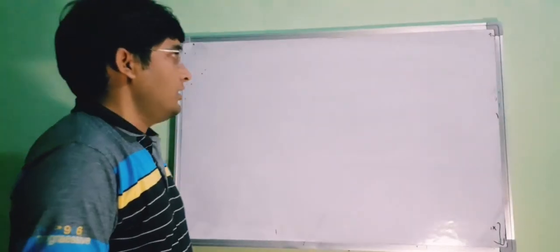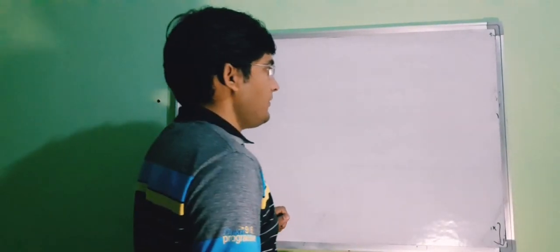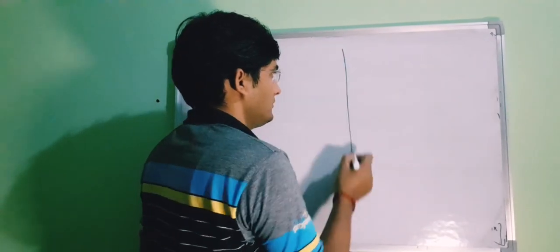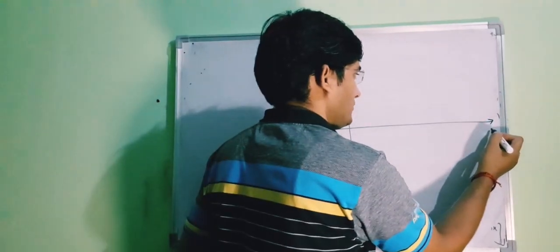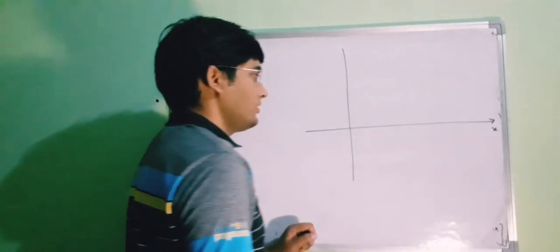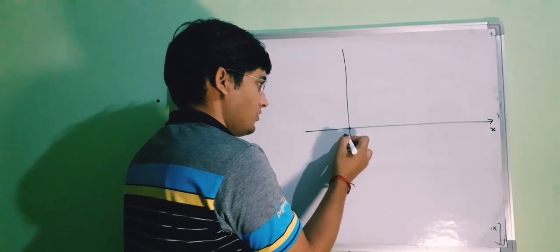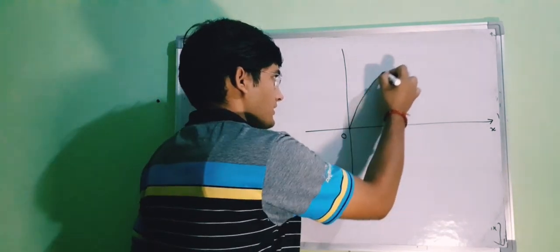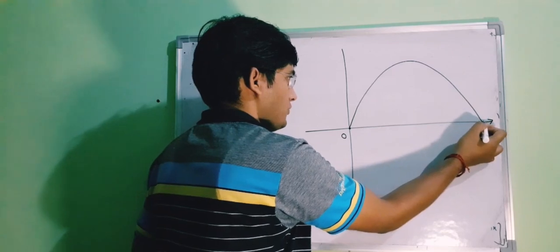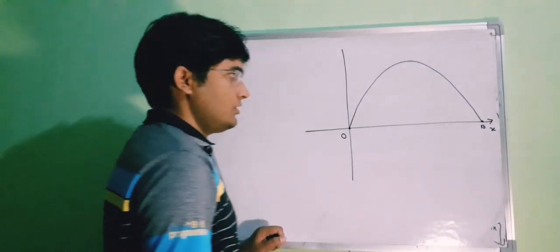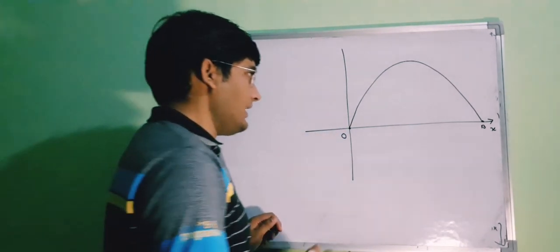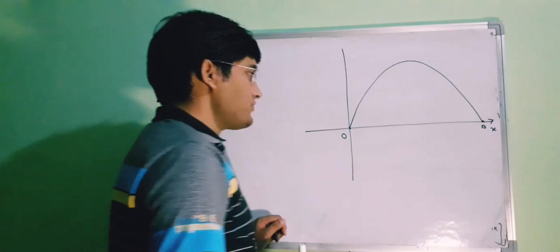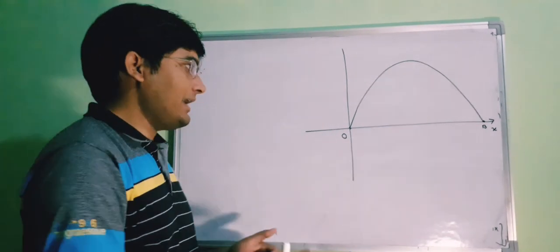So now consider an elastic string of length L, which is fixed at point O and then stretched to the point B. Let us consider this as the elastic string of length L which is deflected from this point O at time t equal to 0.